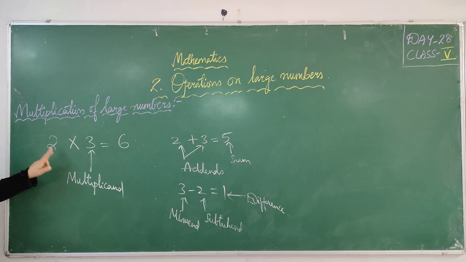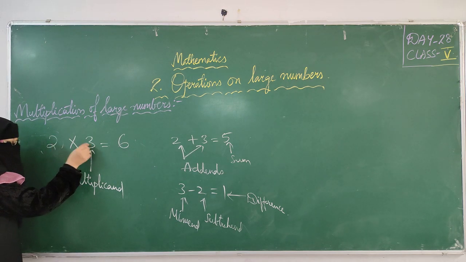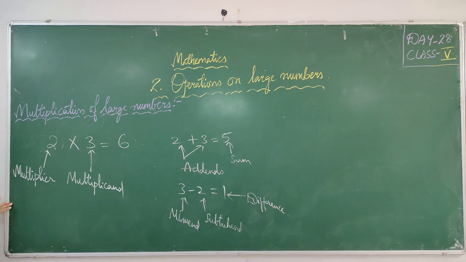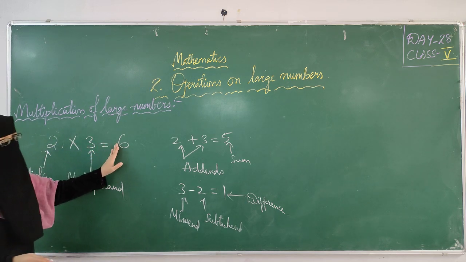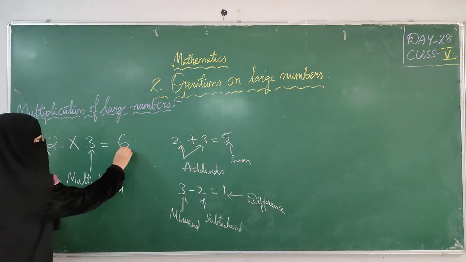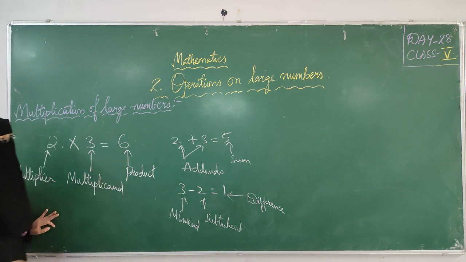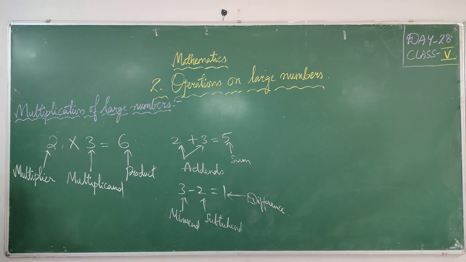The number by which multiplicand is multiplied, you will call multiplier. The answer of multiplication, we call it product. Okay, I hope you all understood this one.